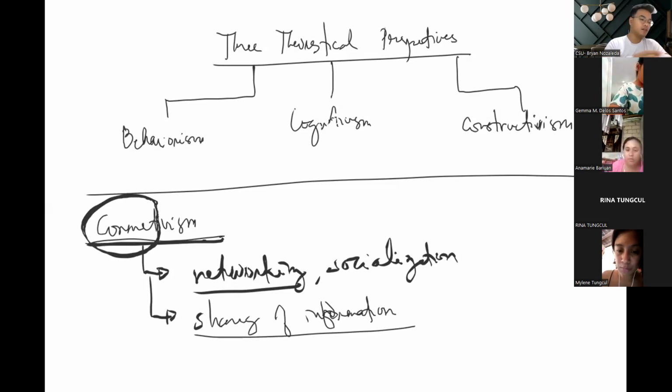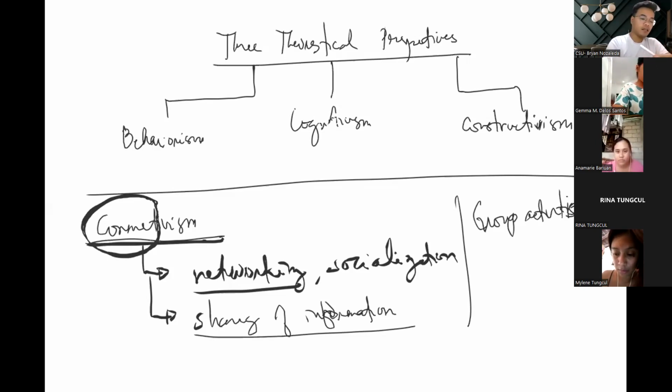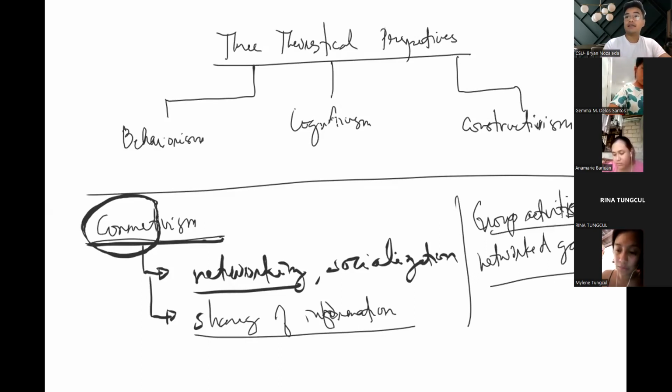So for example, if you conduct group activities, if you are fond of implementing group activities, or you are using network games in your classrooms, then that is clinging to the ideas presented by the connectivism theoretical perspective.